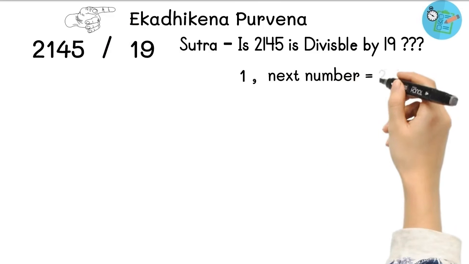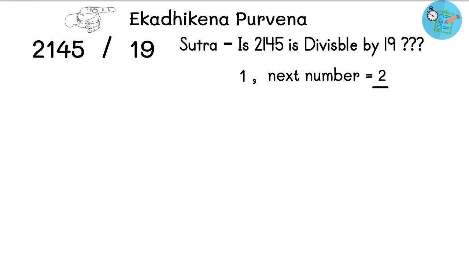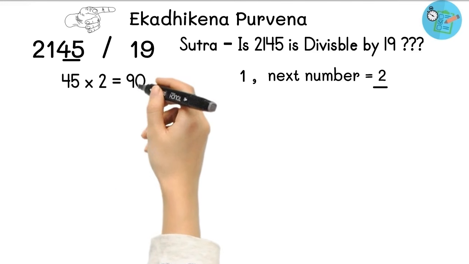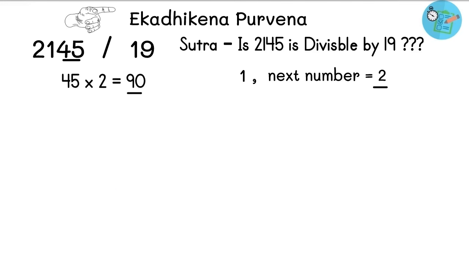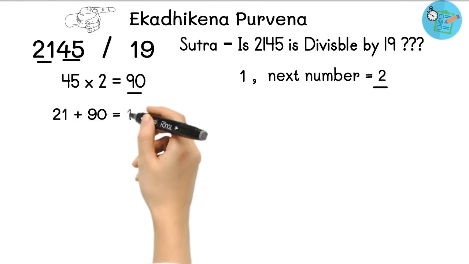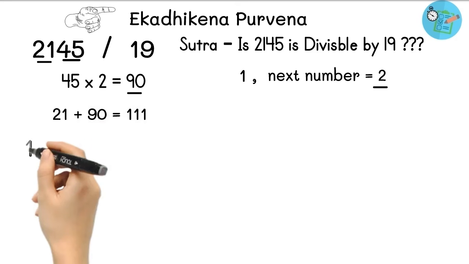Now in the next step, we will multiply this 2 with the last 2 digits of 2145. So we will get 45 multiplied by 2 equals 90. Now take this 90 in the next step and add the first 2 digits of 2145. So 21 plus 90 equals 111.